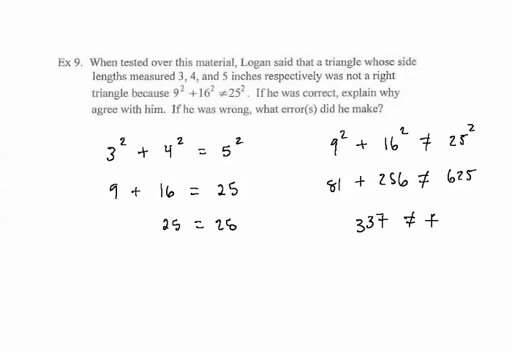But he put in the wrong numbers. Okay, these aren't equal, but he used the wrong numbers. He used 9, 16, and 25. He should have used 3, 4, and 5 in combination with the formula. And in that case, if he had done that, the two sides end up being equal, which tells you that the triangle was a right triangle. Is a right triangle.